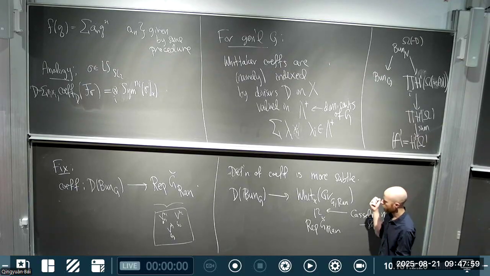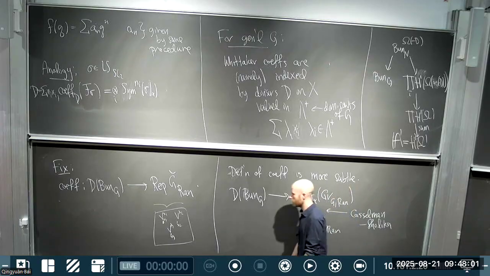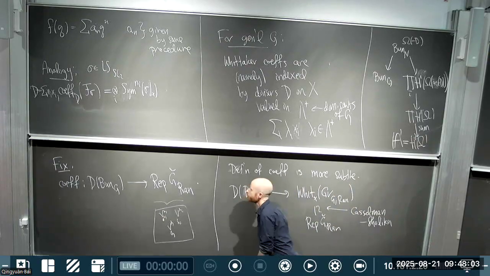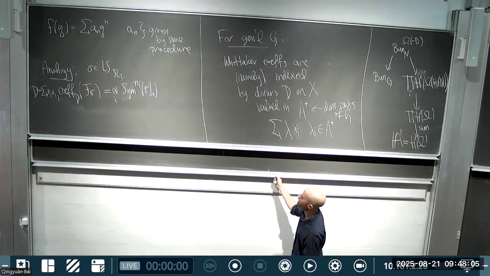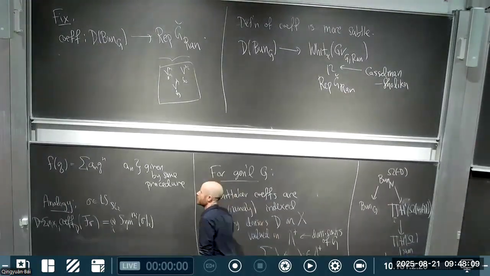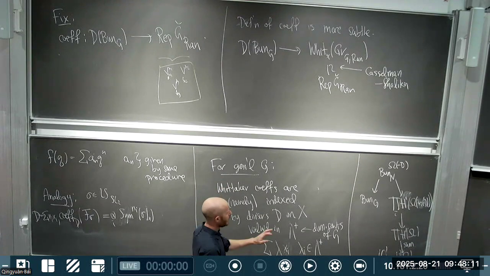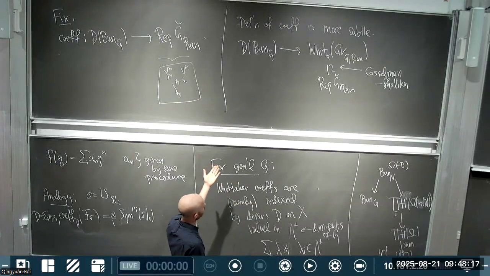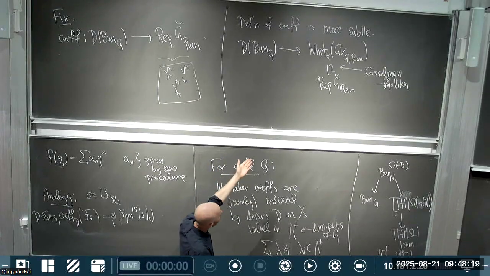So that's a bit of the intellectual development so far. I don't really know any way to say in the same simple terms exactly what this coefficient functor is, because Rep G check Ran isn't just D-modules on some space of divisors, it's its own thing.